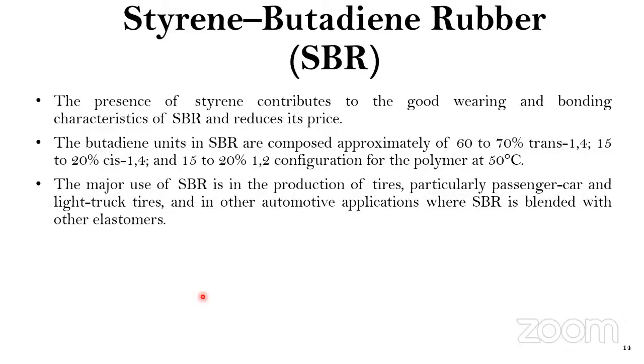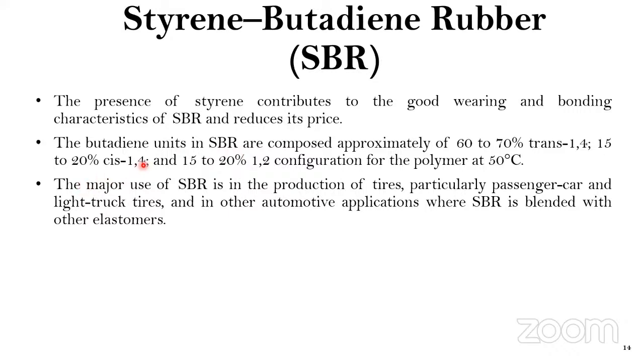Sorry, not conformation, configuration. So the butadiene units in SBR are composed of 60 to 70% trans, 20% cis, and 10 to 20% 1,2 configuration of polymer at 50 degrees Celsius. This is the composition of SBR.